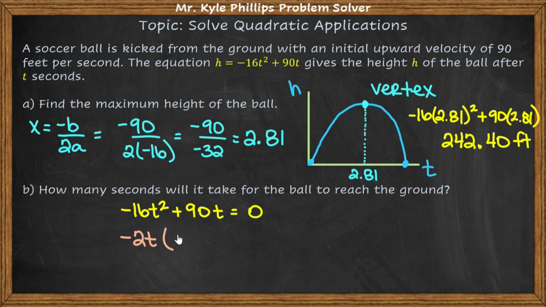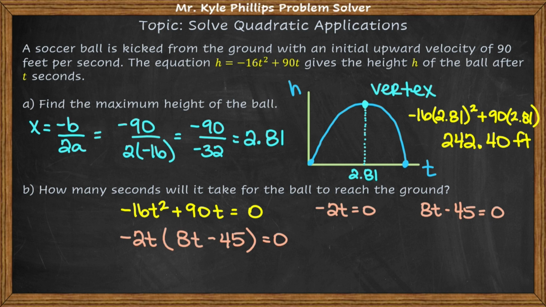And this leaves me with 8t minus 45 equals 0. Now, here I set each of these equal to 0. So I have negative 2t equals 0, and I have 8t minus 45 equals 0.